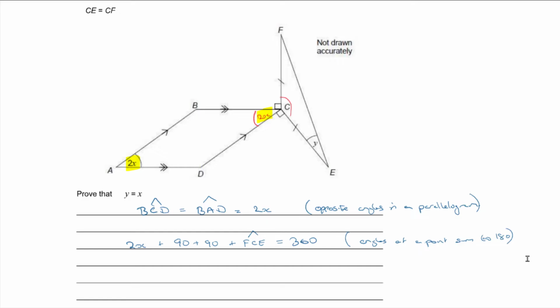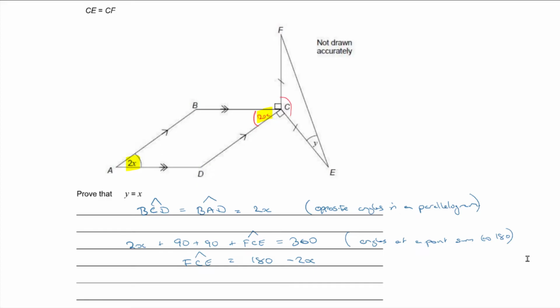Okay, so then just tidying that up, I'm going to say that angle FCE is equal to, taking those 90s away from 360, that's going to give me 180, and then taking the 2x to the other side, I'm going to get FCE equals 180 minus 2x.